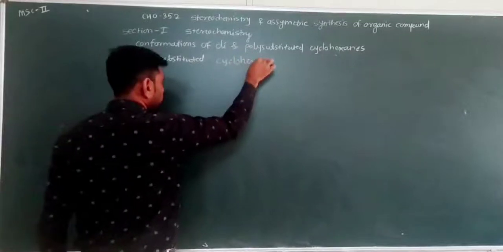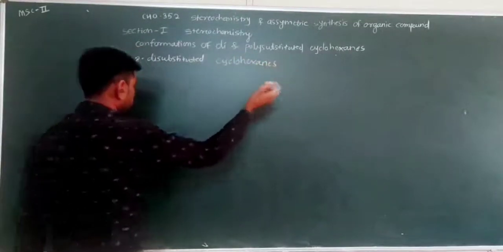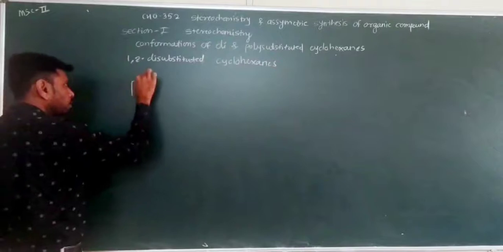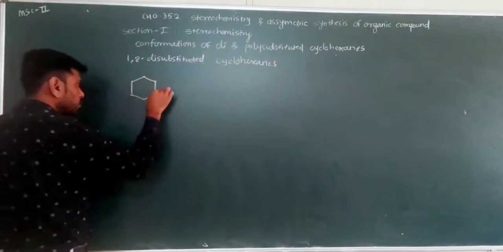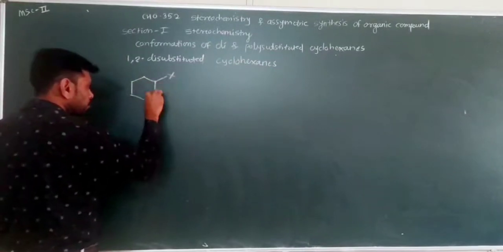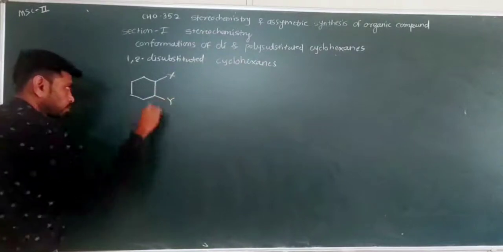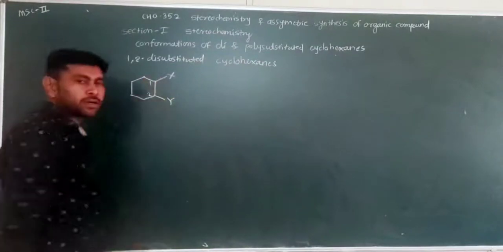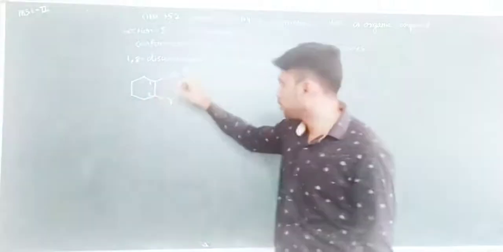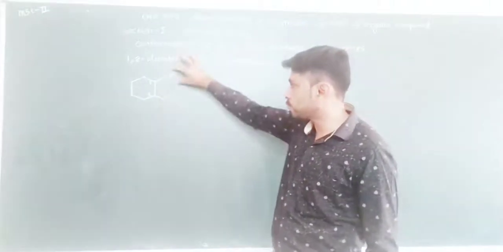Let's see the structures of 1,2 disubstituted cyclohexanes. In the chair conformation, 1,2 disubstituted means one substituent is at position number 1 and another substituent is at position number 2.